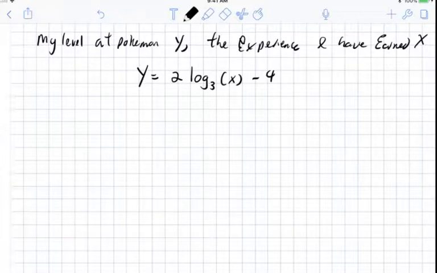All right, so this particular expression isn't particularly useful, but the idea here is, hey, in some video games, your level increases logarithmically with the amount of experience.